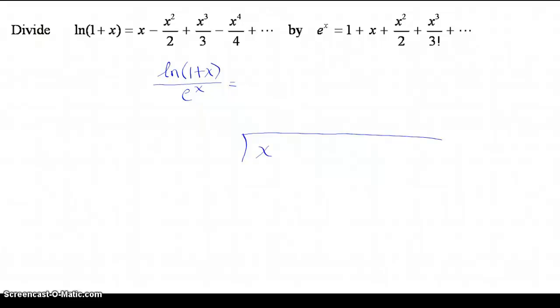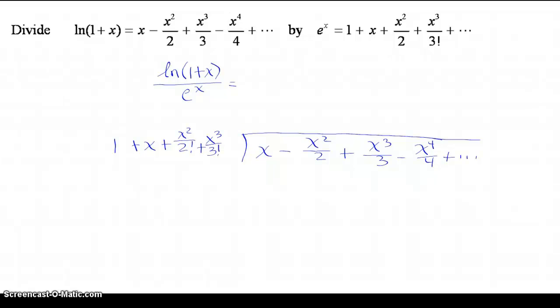It is the first function divided by the second function. Make sure you have your notation correct. 1 plus x squared over 2 factorial plus x cubed over 3 factorial, and so on. And again, what we would be after is probably about the first 4 non-zero terms.